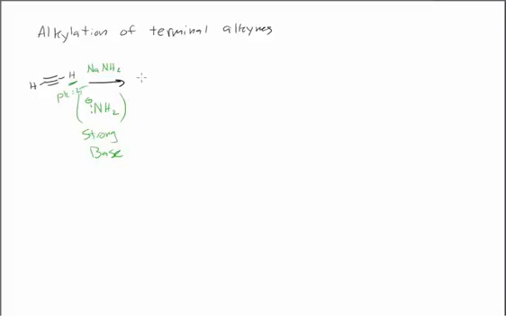Then we get an acetylide anion, and we made NH3, right? The pKa here is about 35, so we have a 10 pKa difference, which means that this side is favored at equilibrium. And now we have an acetylide anion that we can use in basically an SN2 fashion.